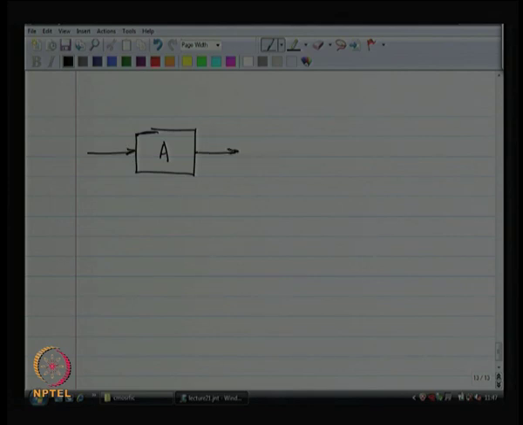This particular system has its own noise, all right. Now, whatever noise comes after this because of the subsequent systems already see an amplified signal.